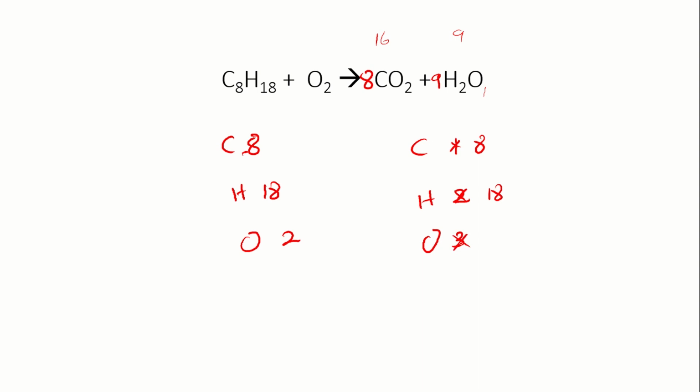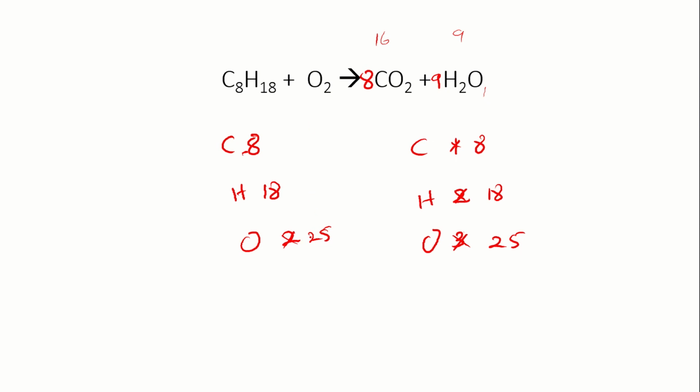So how many oxygen atoms should I have on the product side? That is 16 plus 9. That is 25 oxygen atoms on the product side. If I have 25 oxygen atoms on the product side, I must have 25 oxygen atoms on the reactant side.